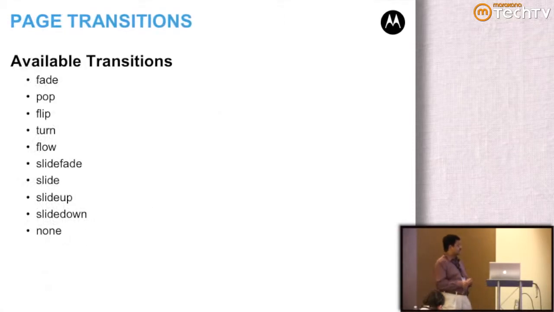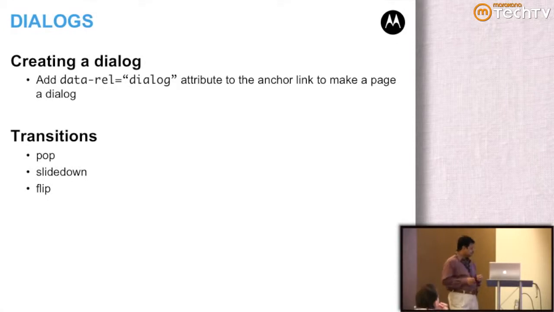There are several transitions: fade, pop, flip. You must be familiar with this when you play with your smartphones and tablets. But the point here is if you use this framework, you get all of these built in. So, let us look at an example before we get to a dialogue.